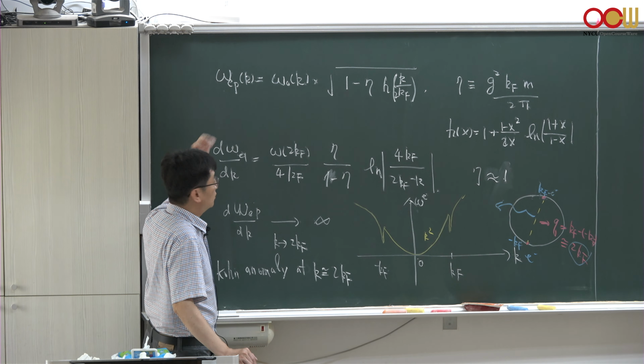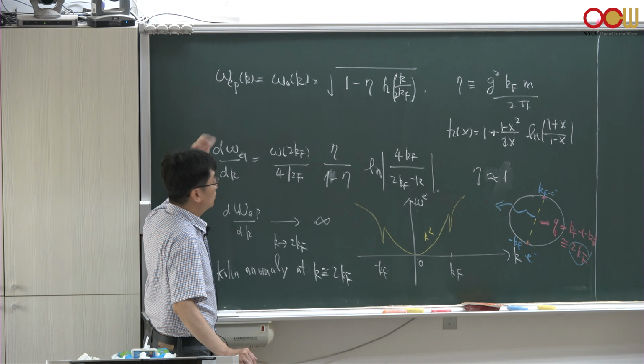If you take the first derivative of this omega phonon with respect to momentum, you get this log function. Especially the denominator of the log is 2kF minus k. So when k is very close to 2kF, you get a finite number divided by 0, and you take the log. Log 0 is actually infinity. So you get infinity in this phonon dispersion.